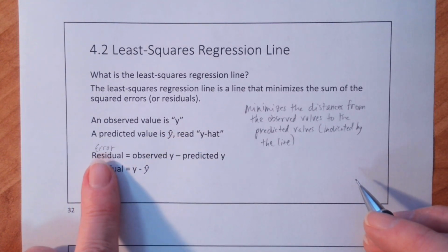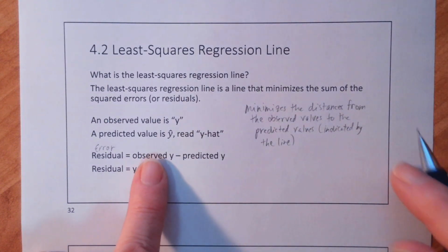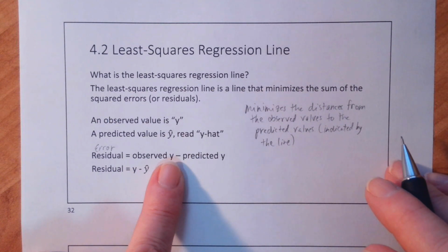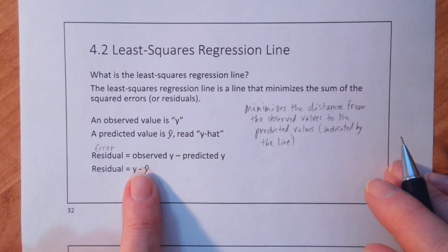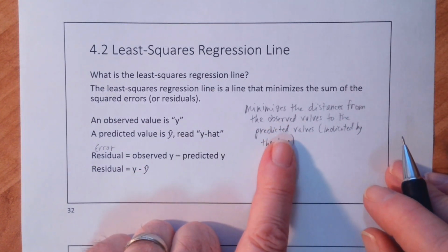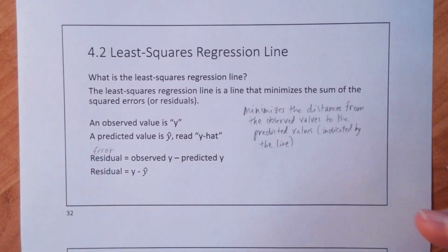So again, a residual is the observed y value minus the predicted y value, or y minus y hat. The basic idea of a least squares regression line is that it minimizes the distances from the observed values to the predicted values, indicated by the line.